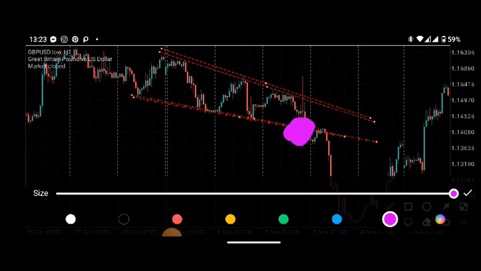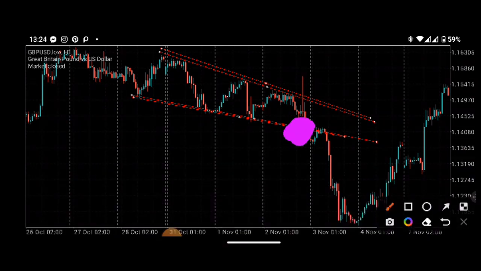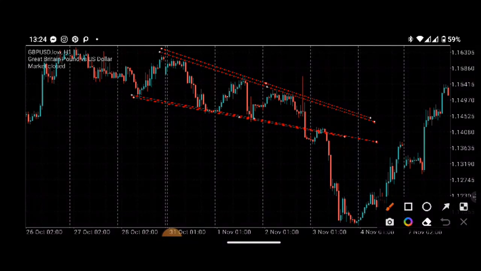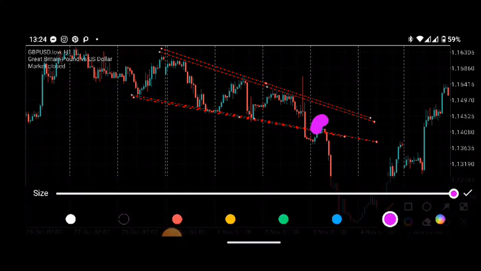Your dynamic support and resistance lines are very powerful, they are very, very strong lines, okay? Now once your price breaks your dynamic points of support and resistance, you are expecting that the support will become resistance and the resistance will become support, right? Now in this case, since it has broken the support and you've taken your profit, note that this line is going to be an immediate line of resistance. It's no longer a line of support.